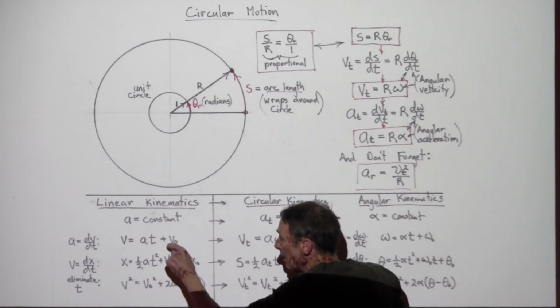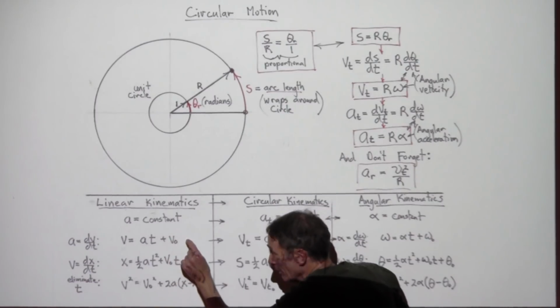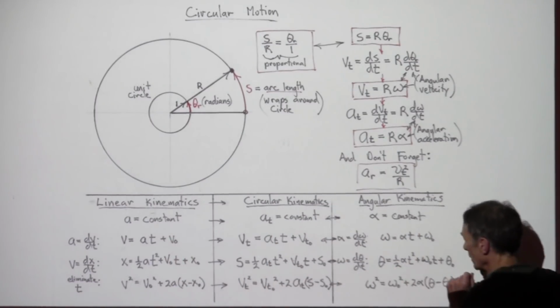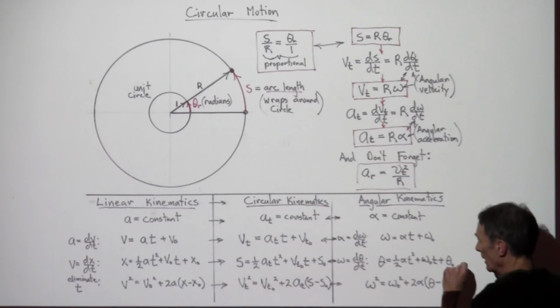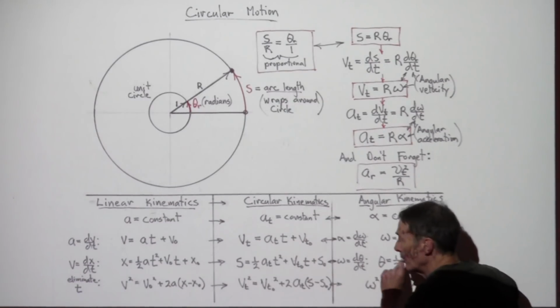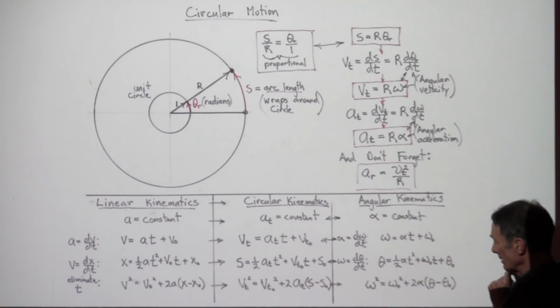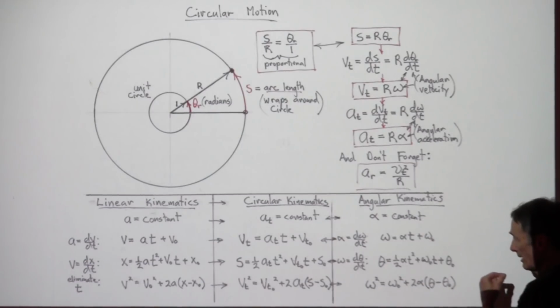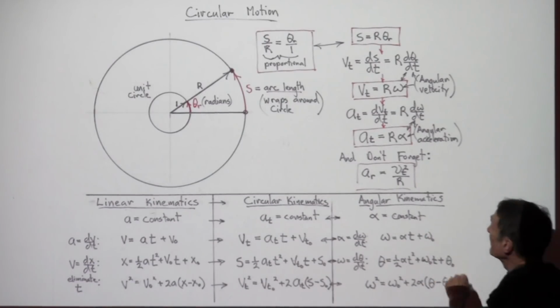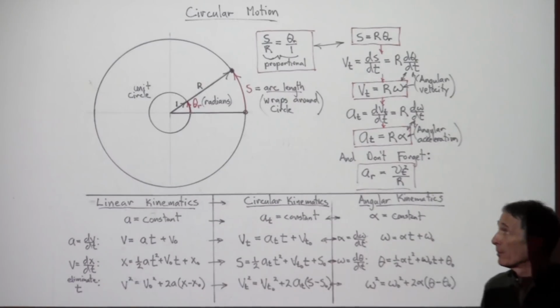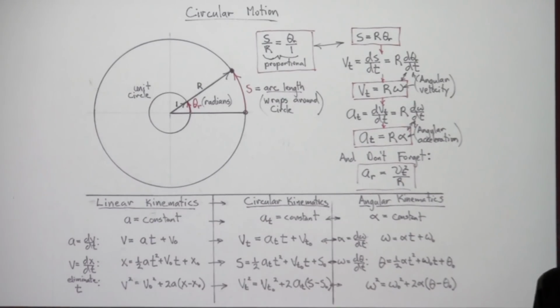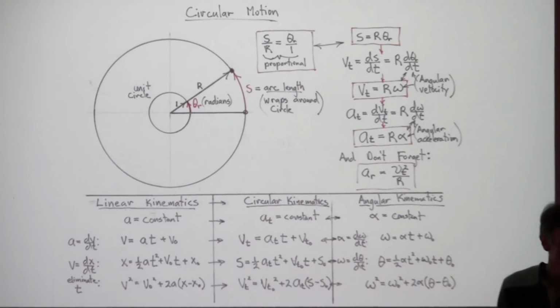Instead of v naught, omega naught would be related to the tangential velocity. So you need to play with these a little bit. They get used in some of the homework problems, and they could immediately come up on the exam.